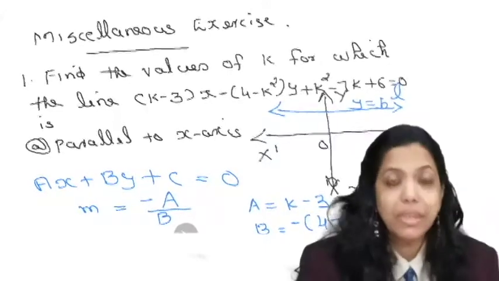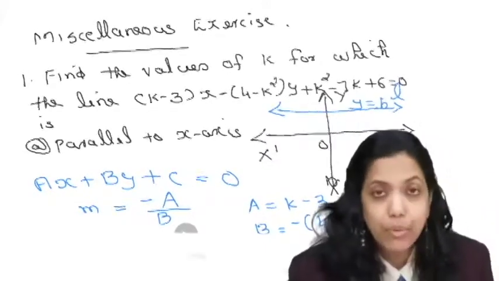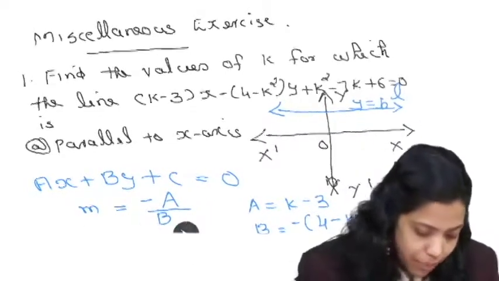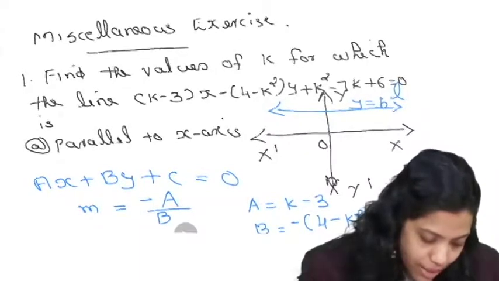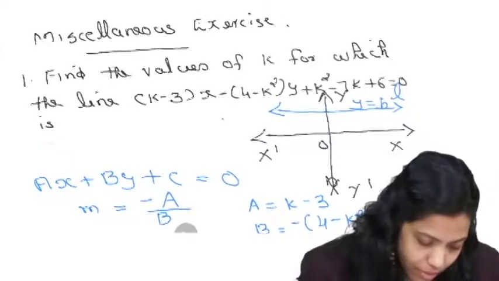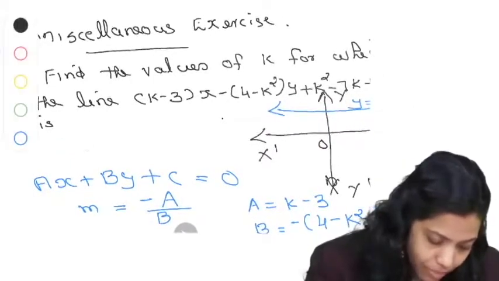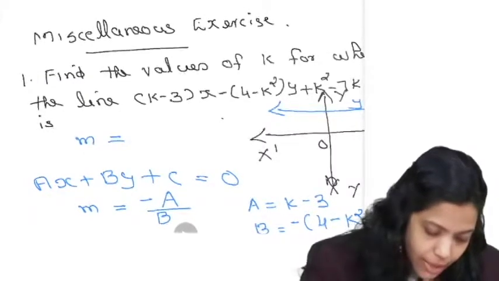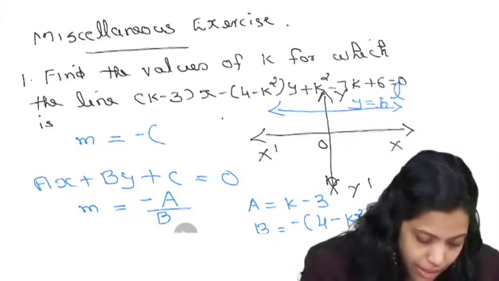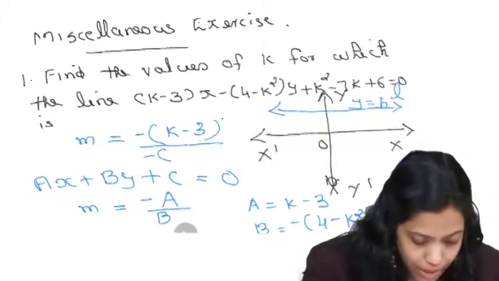For the time being we don't want the value for c, so I am just taking the value for a and b. So we can substitute in that slope m equals negative a by b. If you do substitute in that one, we will get the slope m equals negative a, that means negative of (k minus 3) upon negative of (4 minus k square).